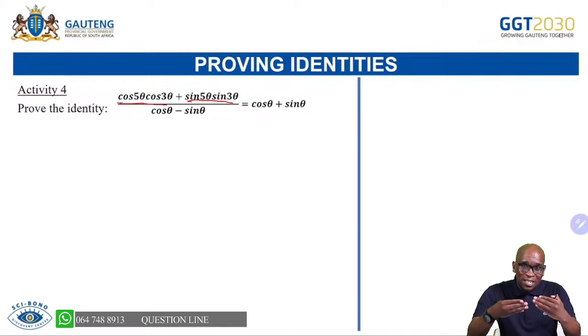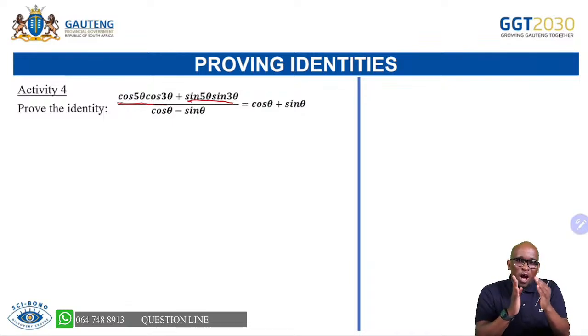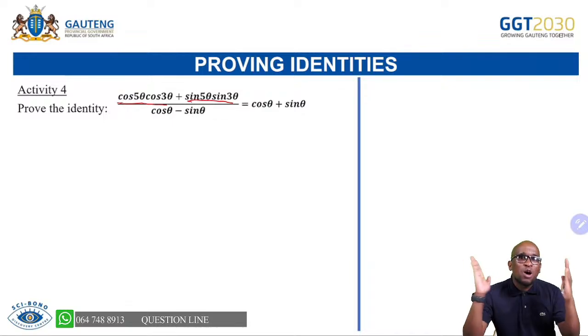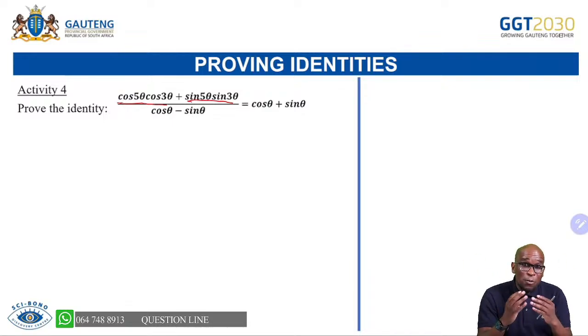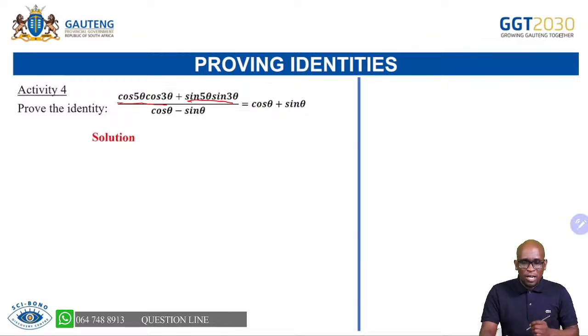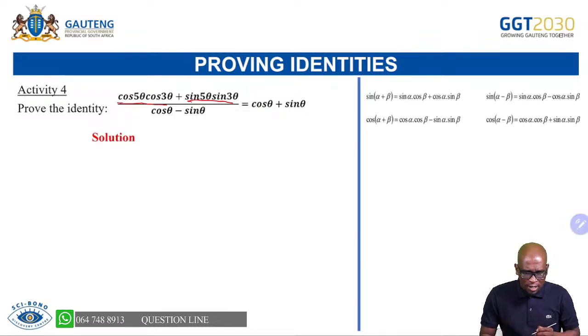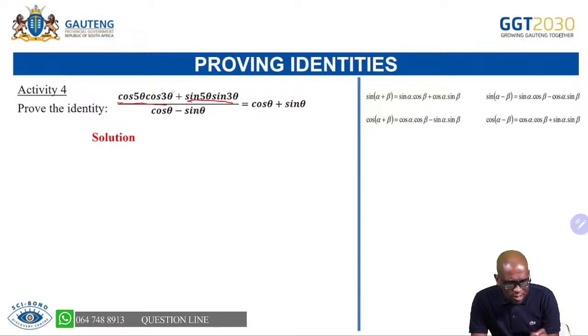Remember in the previous lesson last week, we showed you how to expand as well as how to condense. Now you can see here we need to be able to apply what we did. So we see an expanded form of the compound angle, but we need to use our formula sheet to check which one it is. You can see it's cos cos, sine sine. So we go for cos cos, sine sine. It's either this formula or that formula.